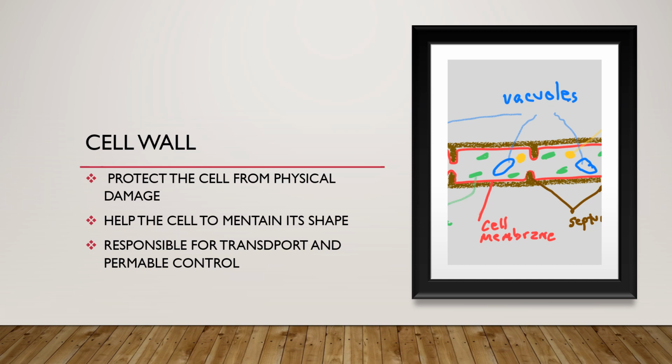Then there's the cell wall. The cell wall is also important in the cell because it protects the cell from physical damage. It helps the cell maintain its shape, and the cell wall is also responsible for transport and permeability control, so it allows some substances in and out of the cell.